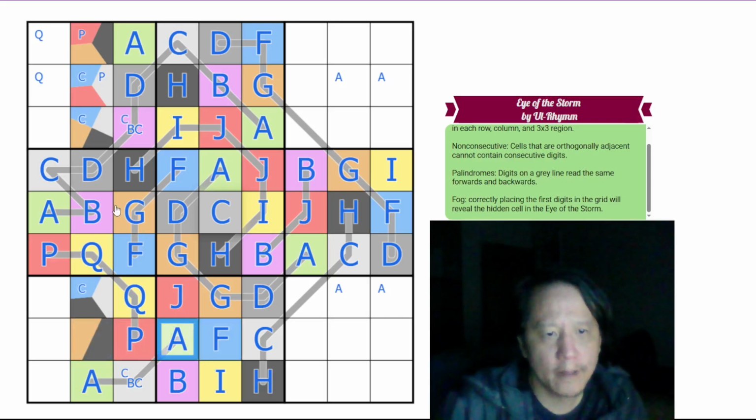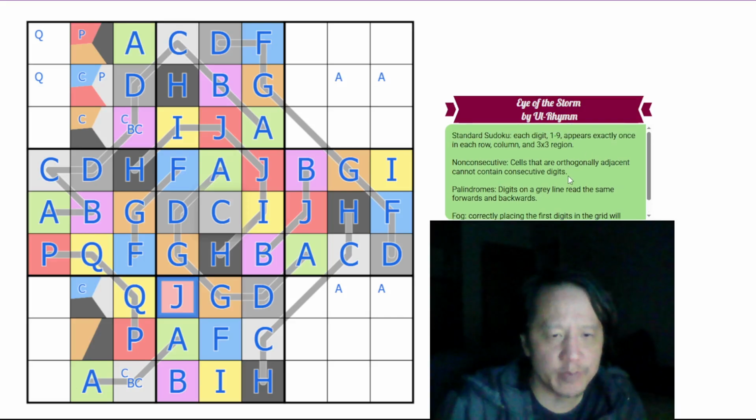Okay. And then, again, F is never consecutive with B. So this cannot be blue, because that would be adjacent to it, and they would be consecutive.